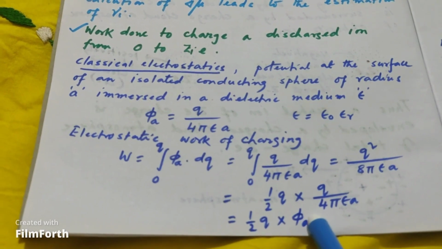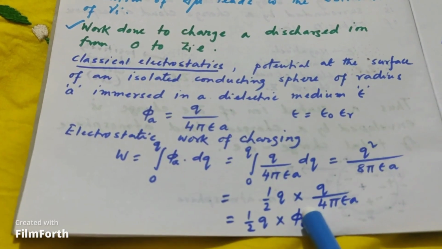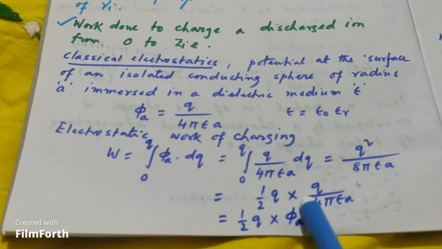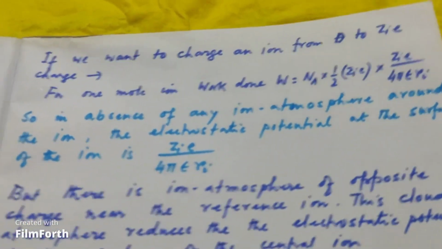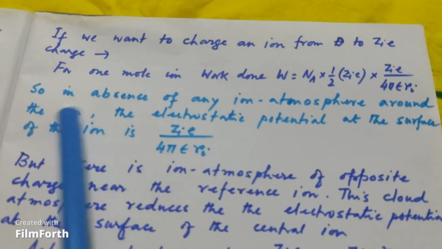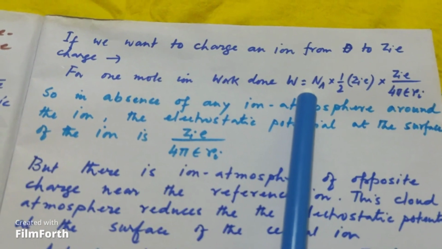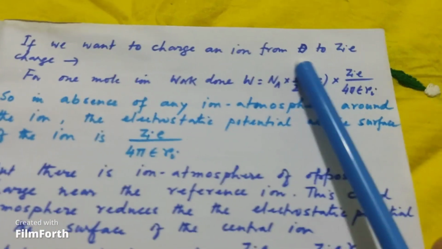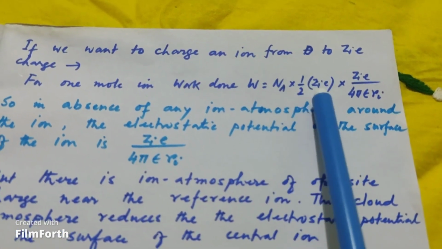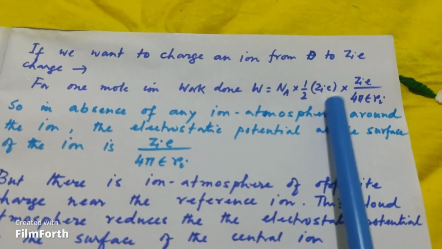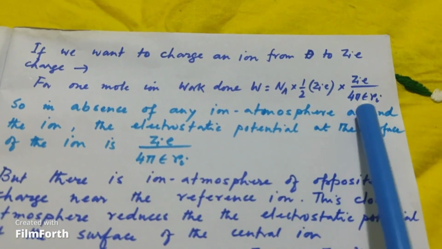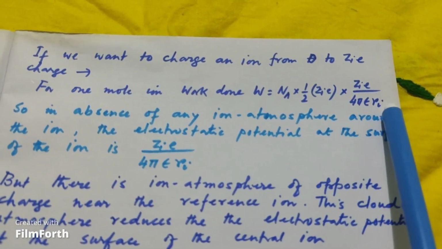This is the case for a conducting sphere, but we don't have a conducting sphere; we are dealing with ions. So if we want to charge an ion from 0 to Z_i e, similarly we can obtain the work done W. This is work done per mole, so that's why Avogadro number is multiplied here: N_A times half times Q, where Q means Z_i e, and the electrostatic potential will be Z_i e by 4 pi epsilon r_i.